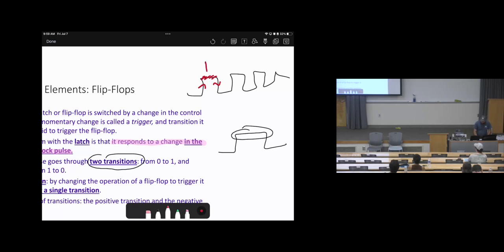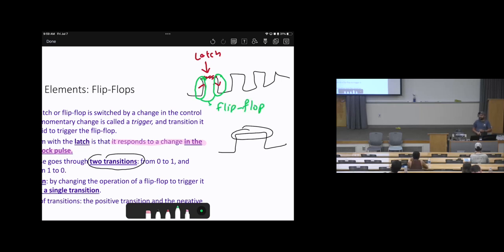So the latches will be associated with the level. If we are at on time, it will detect everything, keep detecting, keep monitoring. But we create something called a flip-flop that will work either on the transition from high to low or the transition from low to high.